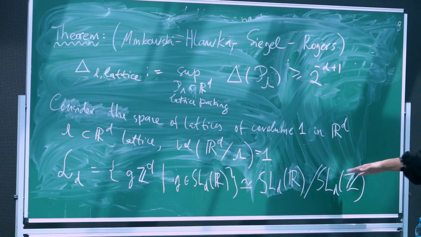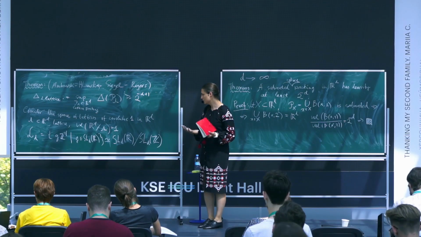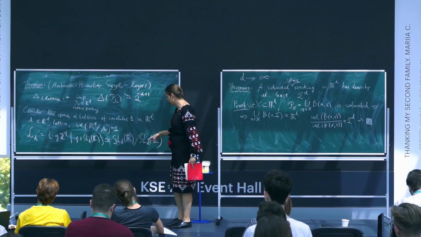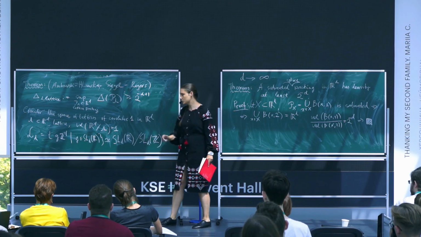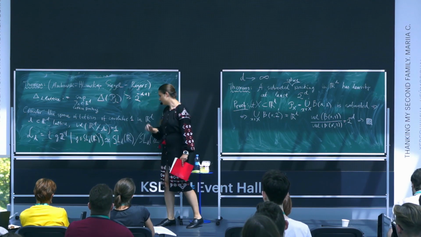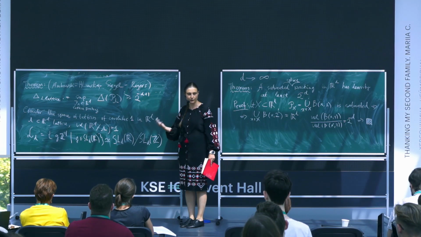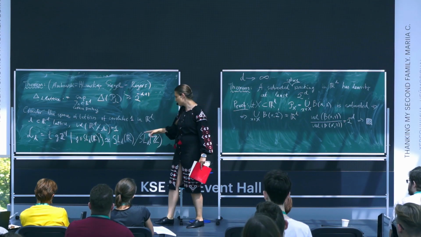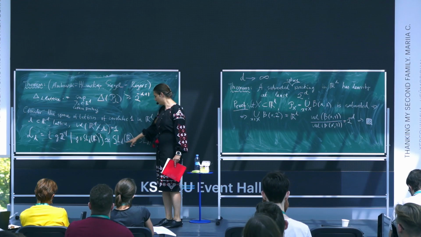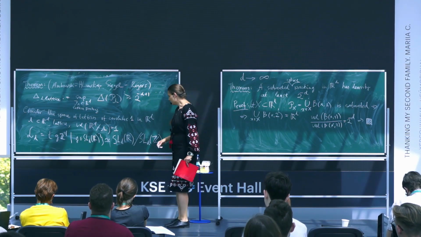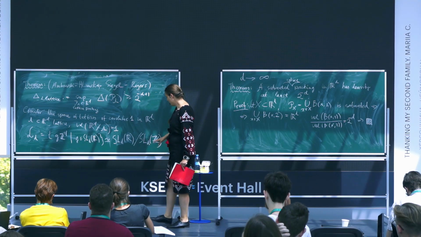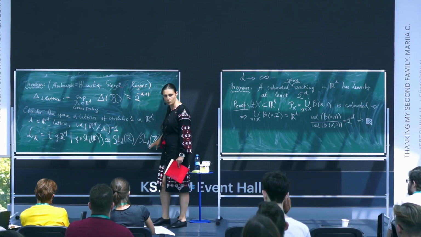So this is the space we are going to study, but we also wanted to speak about probability. If we want to speak about probability, we have to define a probability measure on this set. Because this is an algebraic group, there is one very natural way to define it: to take a Haar measure on this group, and then compute the Haar measure of this quotient.